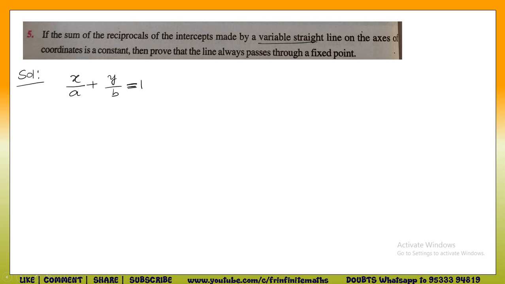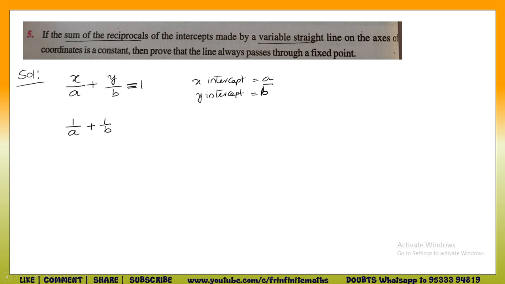From this, what is the x intercept? Here the x intercept is a and the y intercept is b. Now, the sum of the reciprocals of the intercepts means 1 by a plus 1 by b.